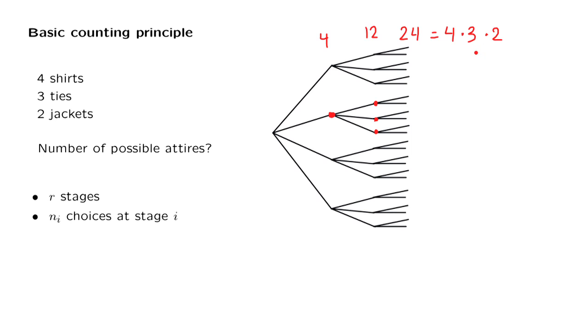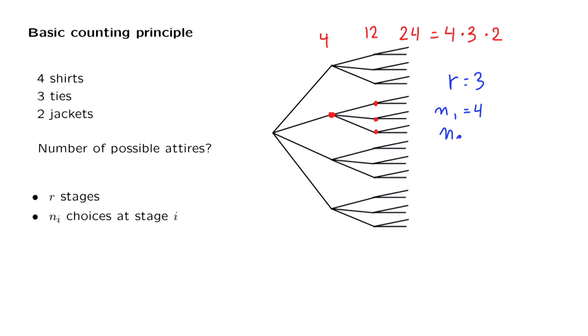Suppose we want to construct some kind of object, and we're going to construct it through a sequential process, through a sequence of r different stages. In the example that we just considered, the number of stages was equal to 3. At each one of the stages, you have a number of options that are available. So in our example, at the first stage, we had 4 options.